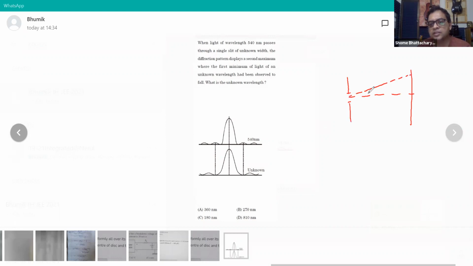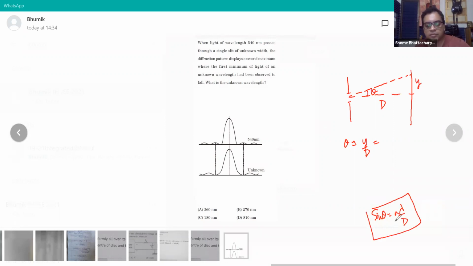So at an angular position theta, which you can also take as y by d, theta, which is approximately equal to y by d, is equal to, so basically sine theta is equal to n lambda by d, no?